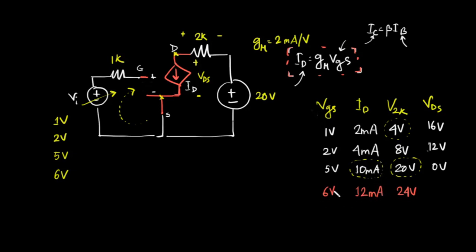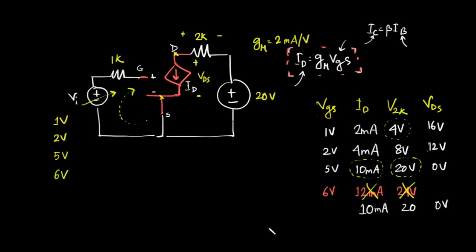So even if I apply 6 volt, since ID has reached the maximum value, it will not increase any further. The current will still be 10 milliampere, the voltage across the resistance will still be 20 volt, and VDS will be constant at 0 volt.